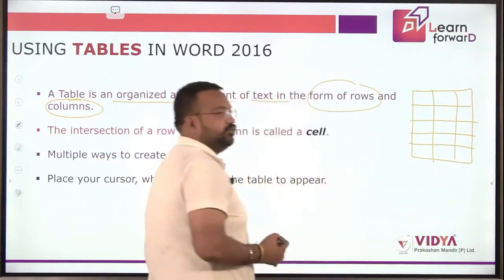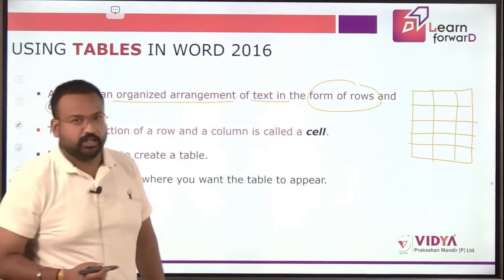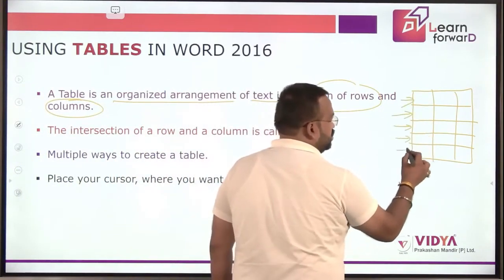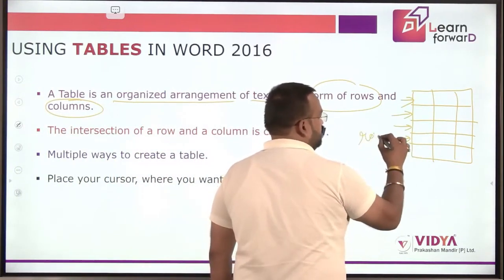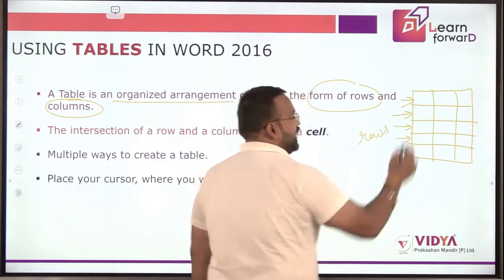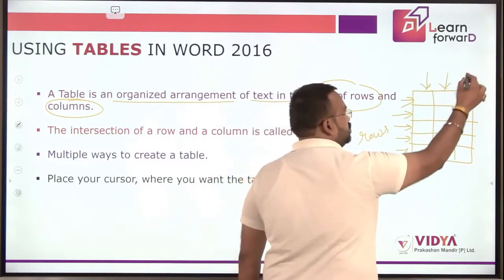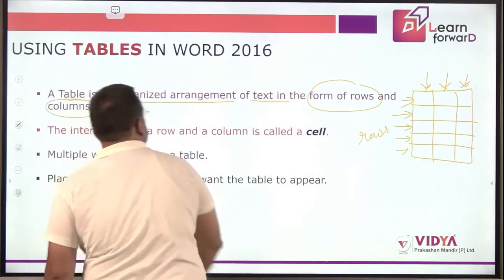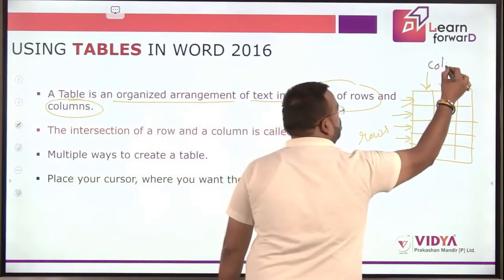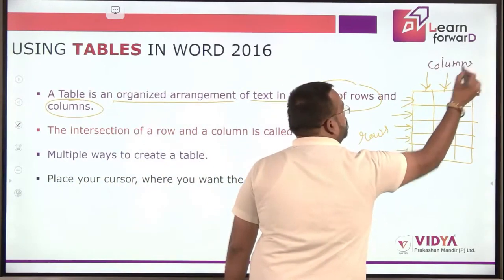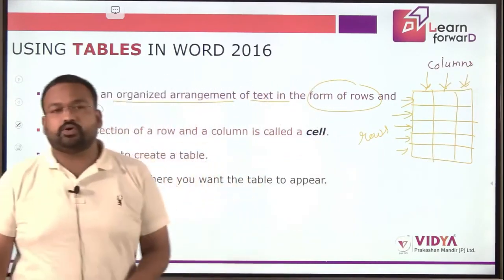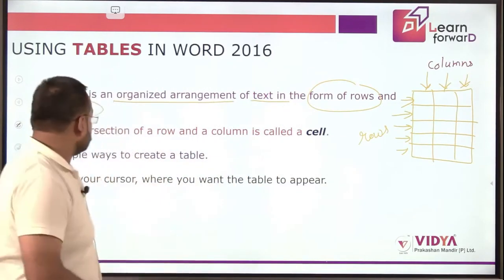This kind of form is called a table, in which the horizontal ones, that is these, are called rows, and these vertical ones are called columns. When we arrange our data in such a format, we call it a table.